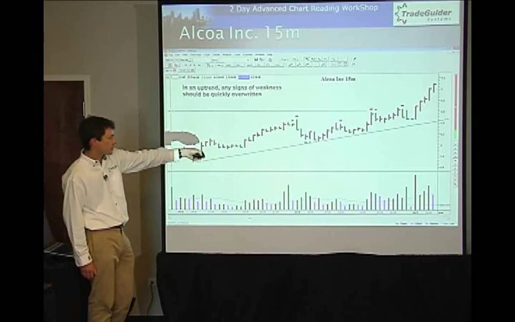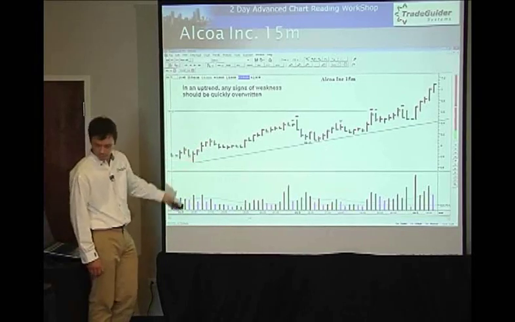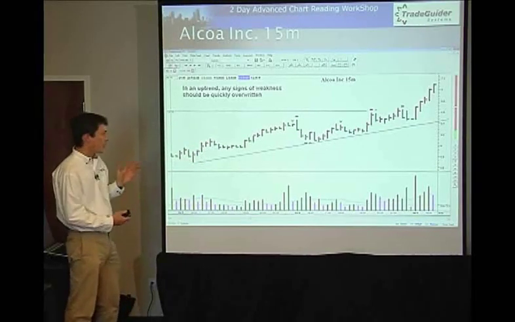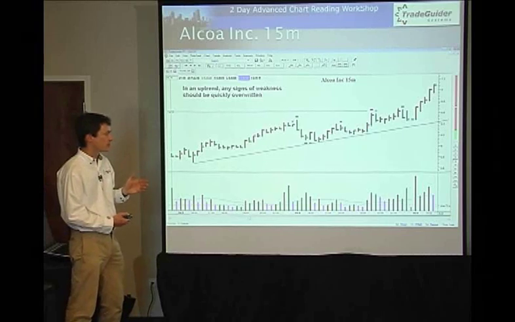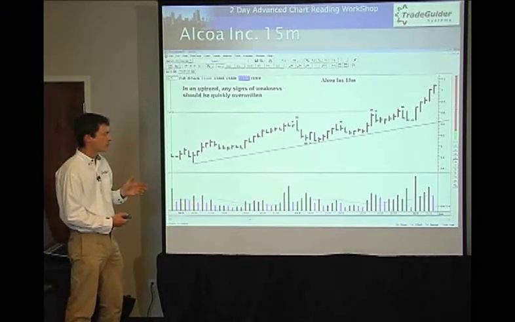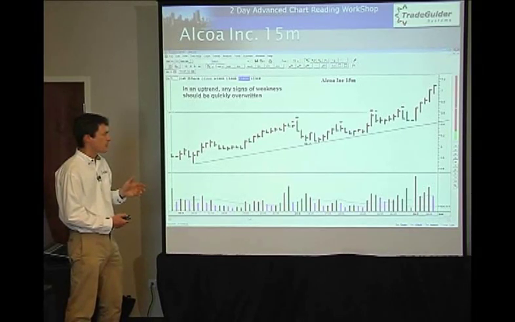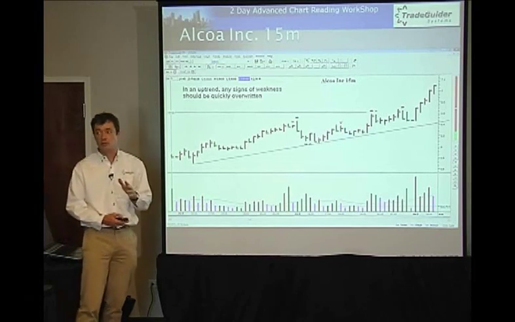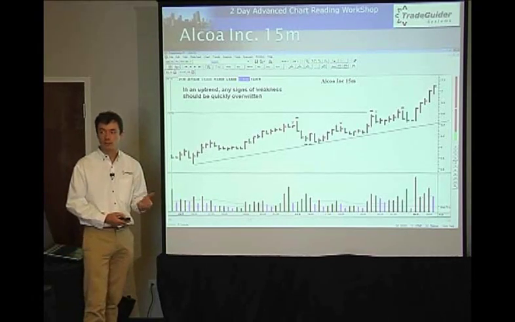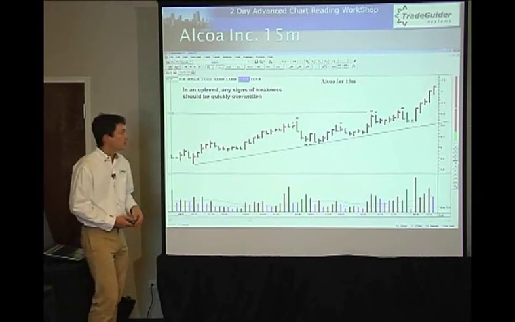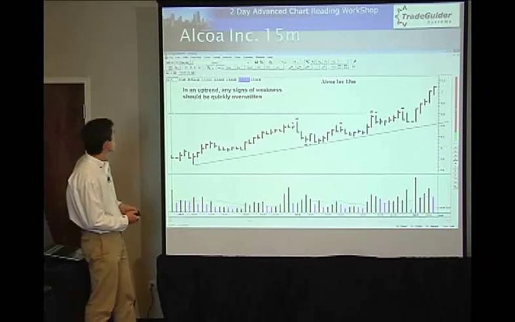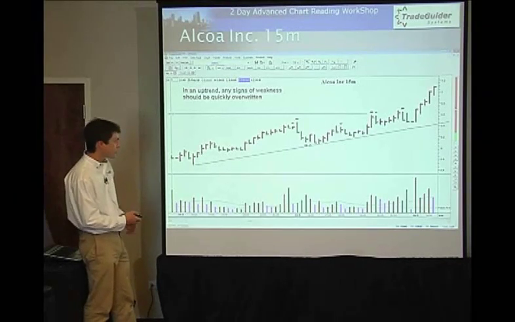So let me see if I can find you a better example. I've actually got a chart which I've created myself from Rollo Tape's 1910 book, Studies in Tape Reading, and I can show you really well on that chart, which is basically a tick chart. But what is this? This is a 15-minute chart.